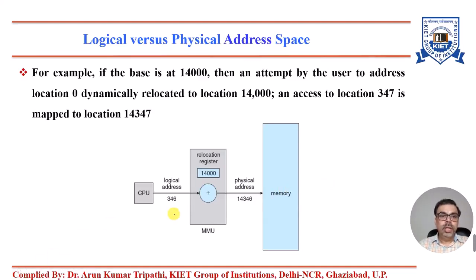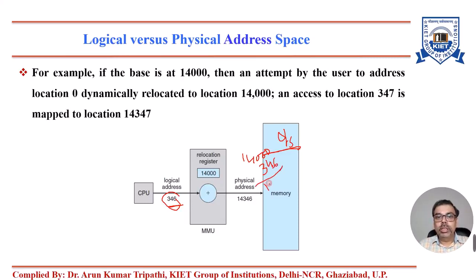For example, the CPU has generated an address that is 346 and the memory relocation register has the value 14,000. Up to here, that is 14,000, the OS resides. So we have to add 14,000 to the address generated by the CPU.